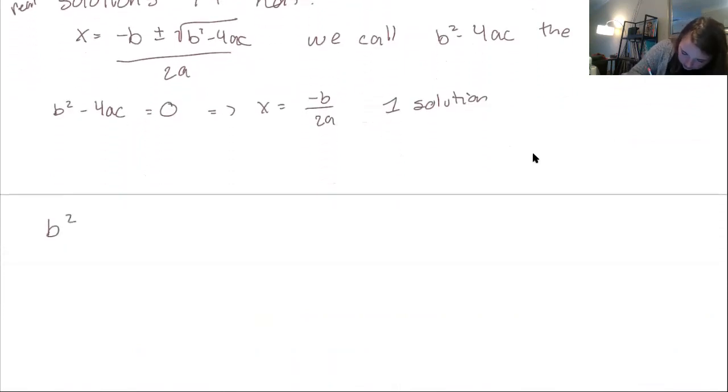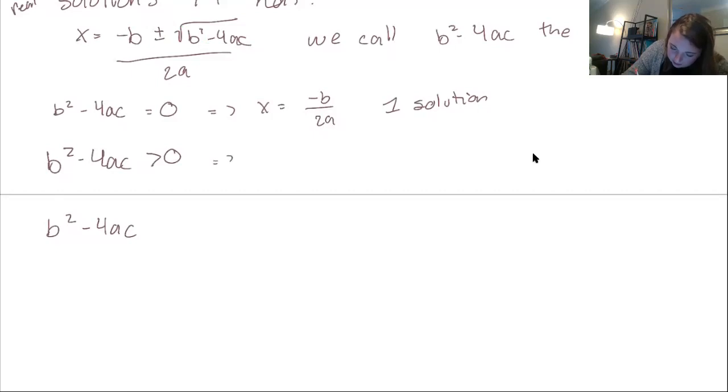If I have b squared minus 4ac, because I have 3 cases, greater than 0. So I have a positive number, strictly greater than 0. Equal to 0 is its own case. So if it's greater than 0, that means I'm going to have a positive number under this radical.